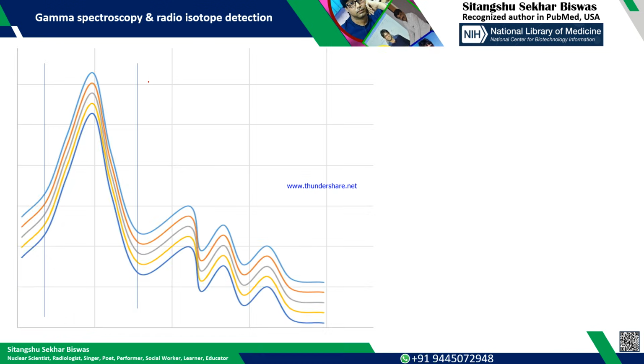In the MCA, the x-axis is the channel, and the y-axis is the count.